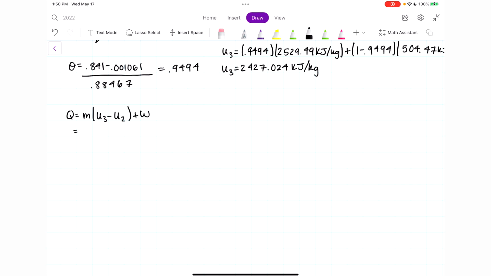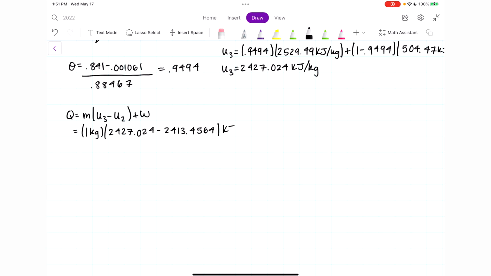Plug that in. U3 we just found to be 2,427.024 minus the specific internal energy of state 2, so minus 2,413.4564.